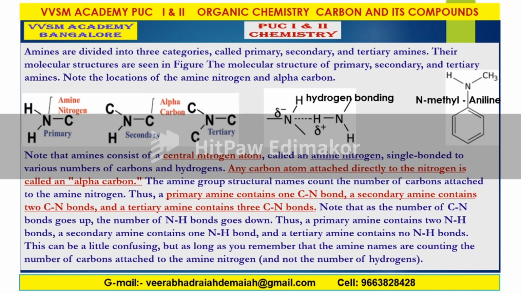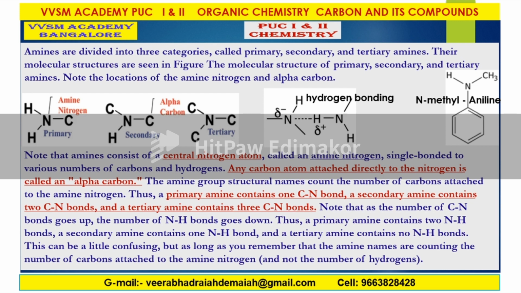In the structure of amines, note that amines consist of a central nitrogen atom. You know that amines are the derivatives of ammonia. The central atom nitrogen is attached to three replaceable hydrogen atoms.